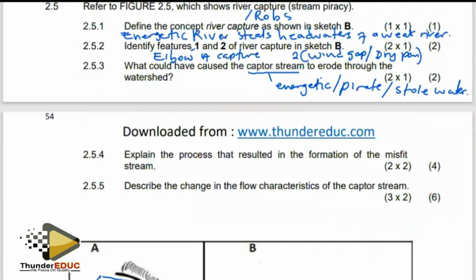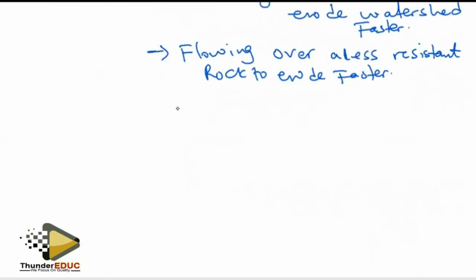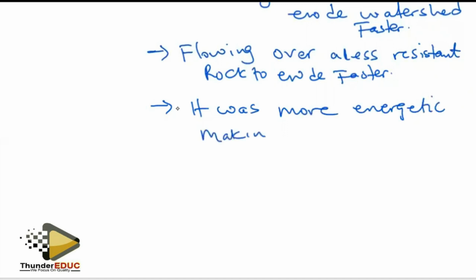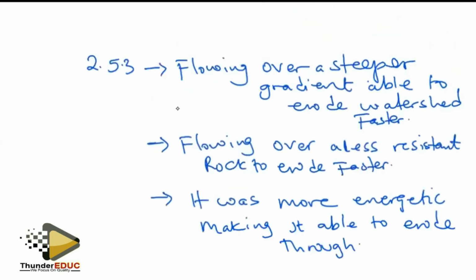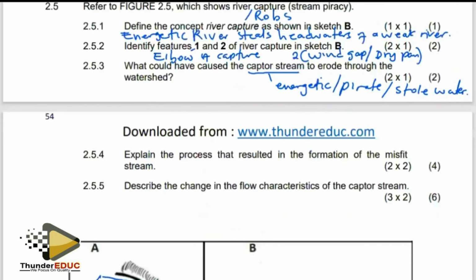Check the question again. What could have given it the capacity to erode through? We can as well say it was more energetic, making it able to erode through.